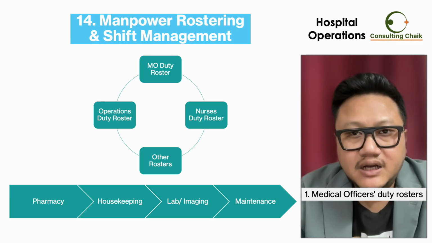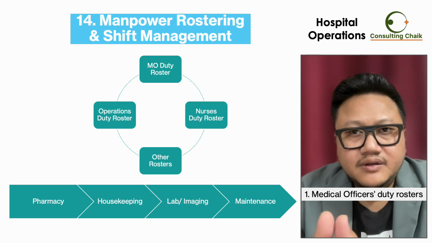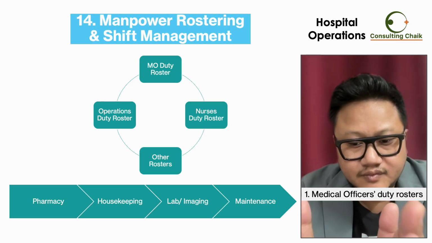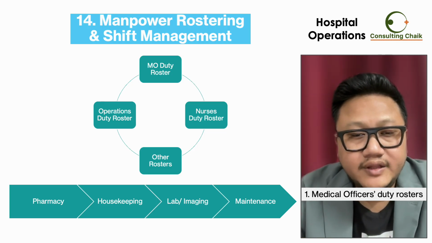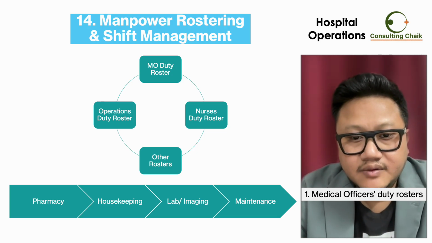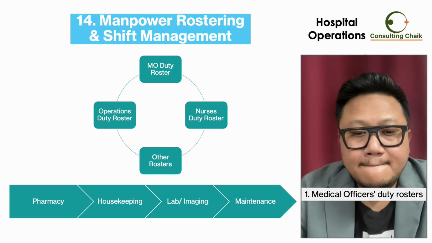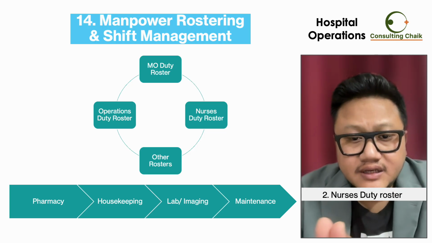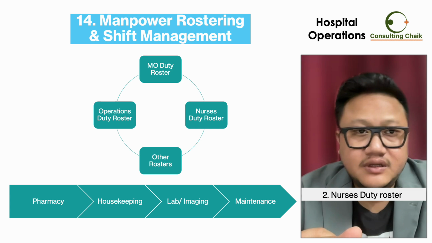And the work hours as per the law of the land, generally 48 hours is the limit per week. So if you are following that, then okay. So medical officers duty roster, very important. So then nurses duty roster. So nurses duty roster, another thing.